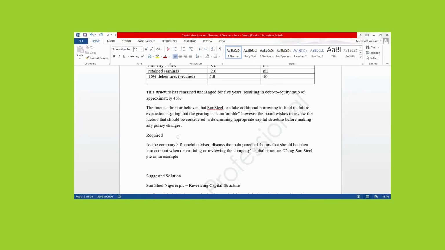From this question, we are told that Sunsteel has a reputation of paying consistent dividends over the years. Therefore, number one factor is earnings stability.